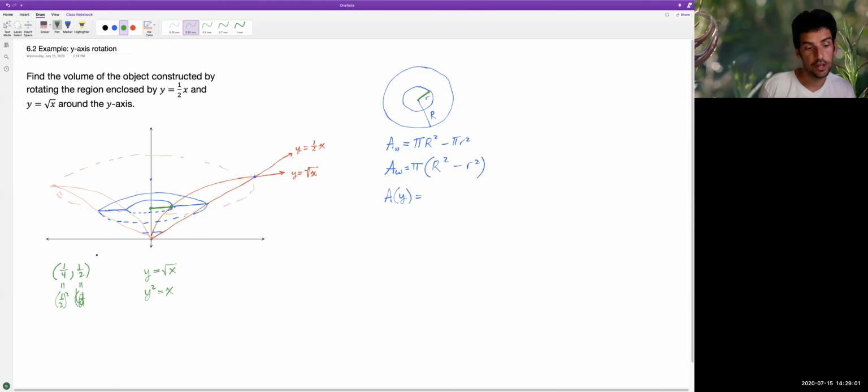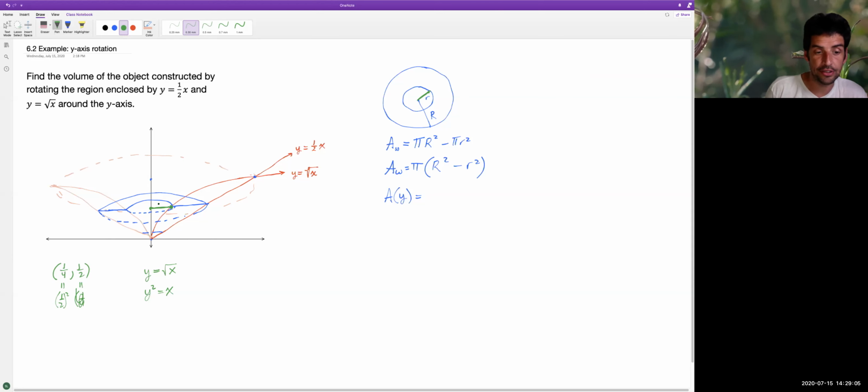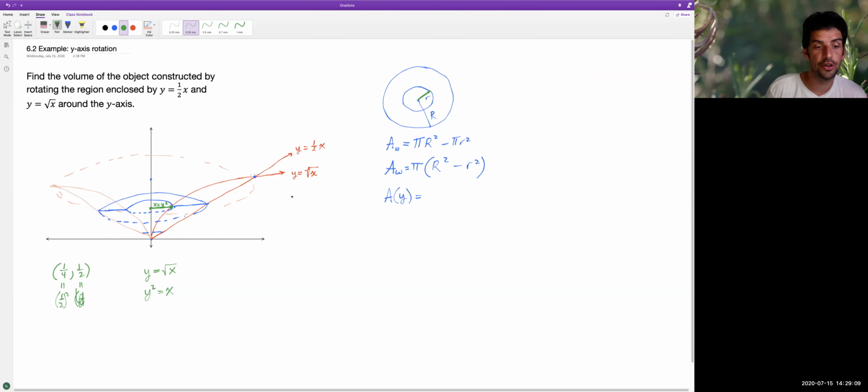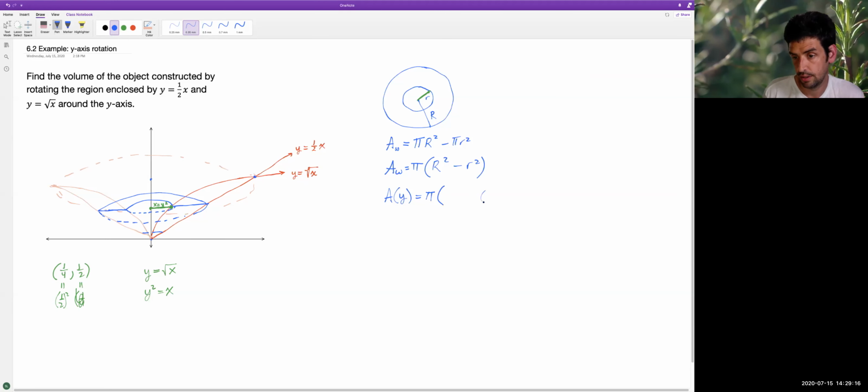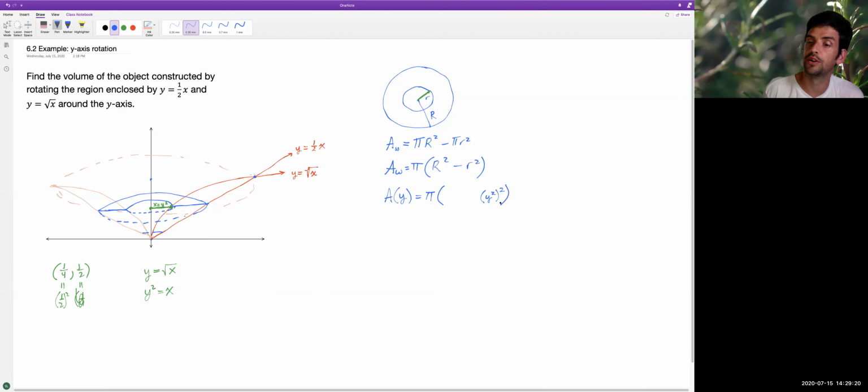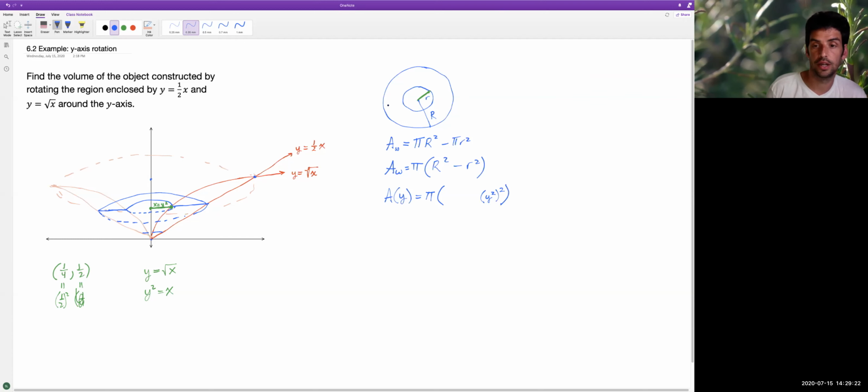All right, so that tells me that this inner radius, whose distance is x, can also be written as y squared. So the little radius is y squared, and then we're squaring the little radius, okay?